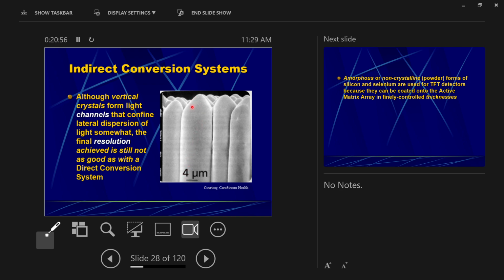They have to use a special microscope to even show you the crystals to begin with, okay? They're itty bitty. So we can say, although vertical crystals form light channels that confine the lateral dispersion of the light somewhat, the final resolution achieved is still not as good as with direct conversion. So again, we're sacrificing some spatial resolution for cost savings and patient exposure savings.